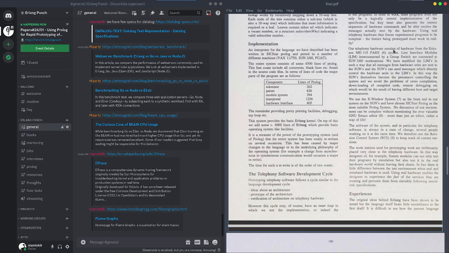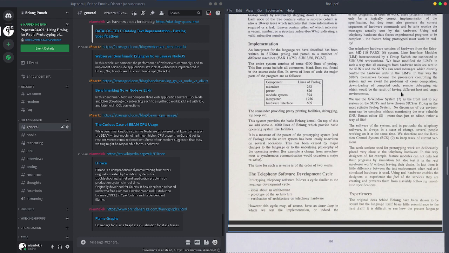Our telephony hardware consists of hardware from the Ericsson MD110 PABX system. Line interface modules interconnected by a group switch are connected to a Sun workstation. We have modified the LIM in such a way that all messages from hardware units are sent to the Sun, and the Suns can send messages which directly control the hardware units in the LIMs.